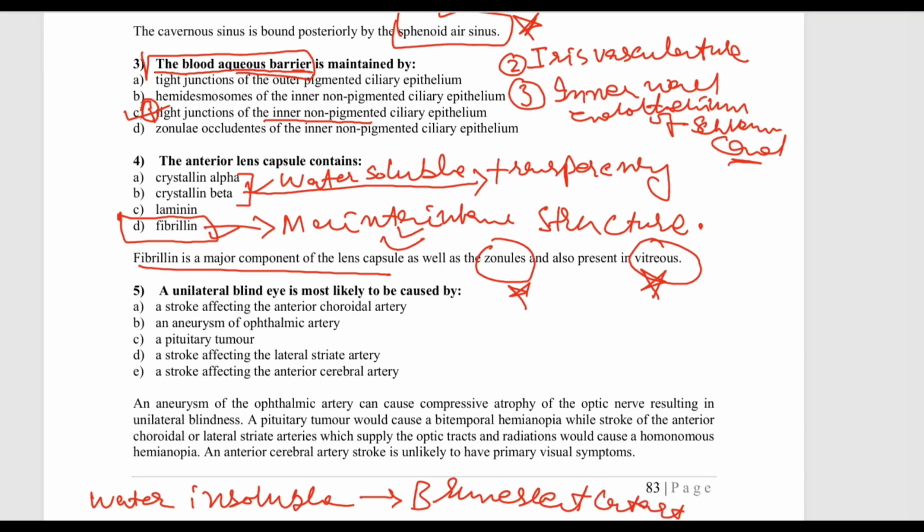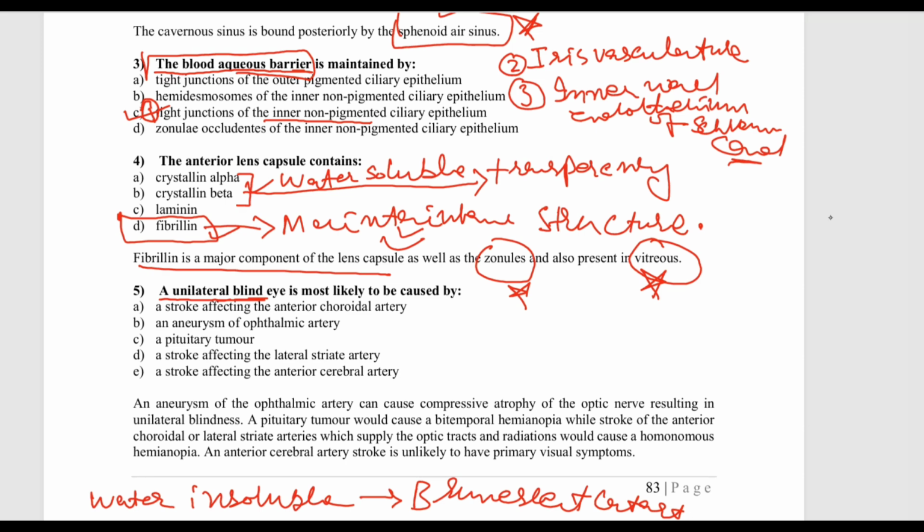So remember, a unilateral blind eye is most likely to be caused by which of the following? The options are a stroke affecting the anterior choroidal artery, aneurysm of the ophthalmic artery, pituitary tumor, a stroke affecting the lateral striate artery, and a stroke affecting the anterior cerebral artery.